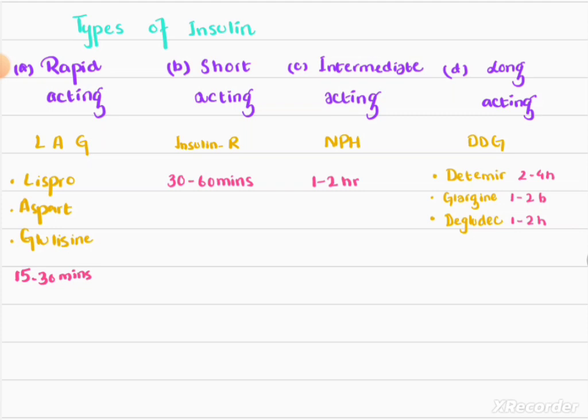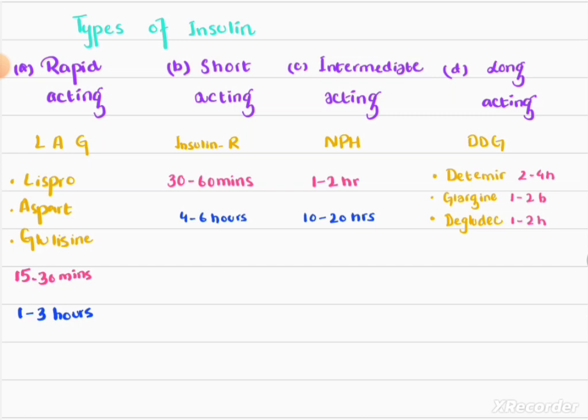Now the rapid acting insulins have a shorter duration of action, a total duration of 1 to 3 hours. The short acting or regular insulin has a duration of action of around 4 to 6 hours. The intermediate acting has a duration of action of 10 to 20 hours.